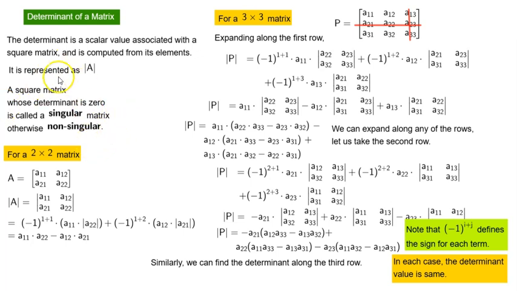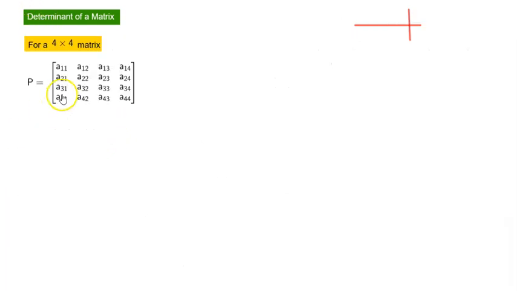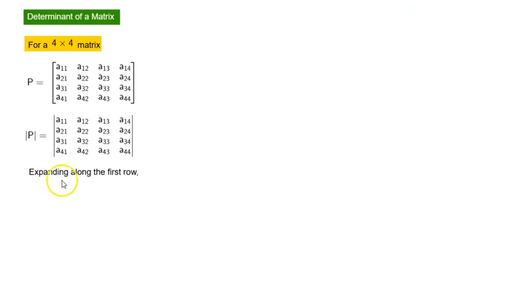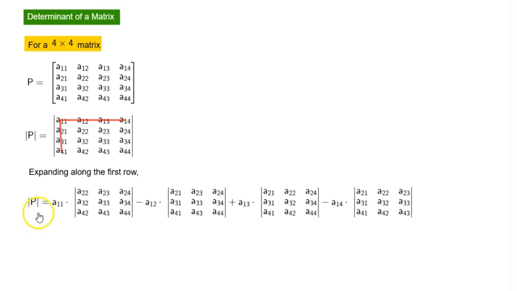Let's look at a 4 by 4 matrix. So let us say we have P as a 4 by 4 matrix. Let's expand it using the first row. We get determinant of P is equal to A11 times the determinant of what is remaining after removing the first row and the first column, or the row and column to which A11 belongs.